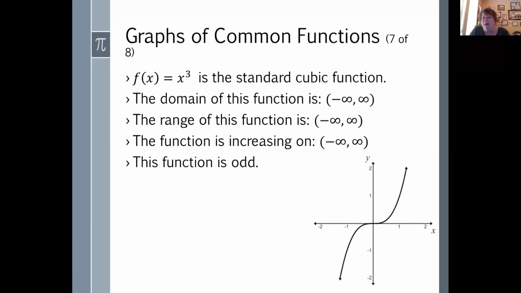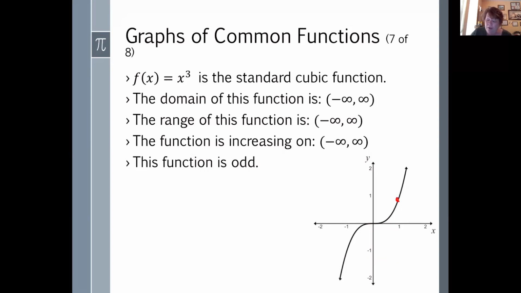The entire graph is always increasing, which means that as x is getting bigger from one x to the next, y is also getting bigger from one point to the next. So it's always increasing. And it is our quintessential odd function because we have symmetry with respect to the origin. It is the function that we use as an example of an odd function.